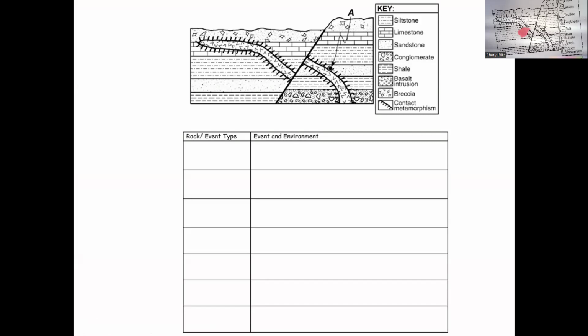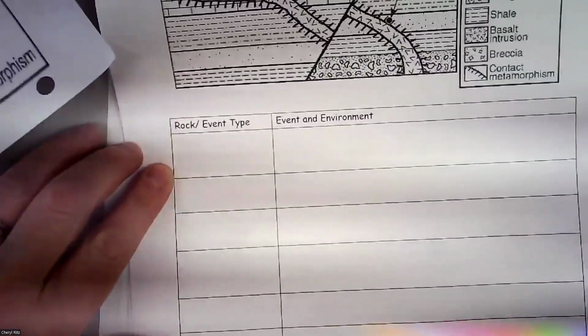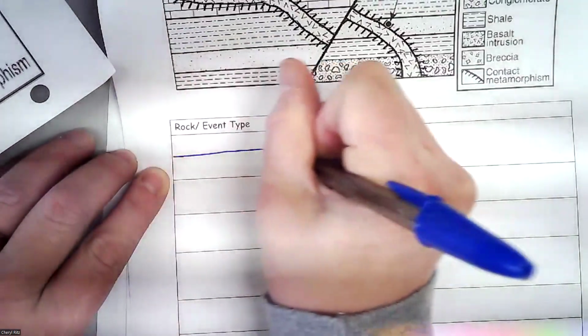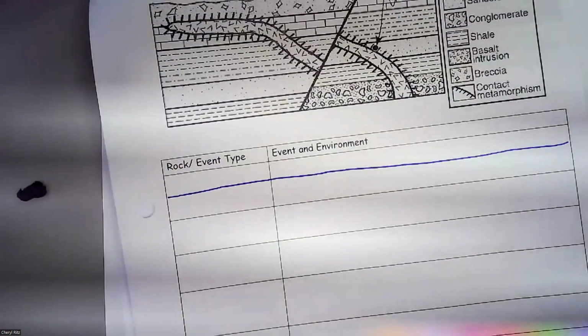So again, all I'm asking you is this top box, go ahead and divide that up into 2, because for some reason, either I hit enter or didn't hit enter. I'm not sure what happened, but my box is not the right size.